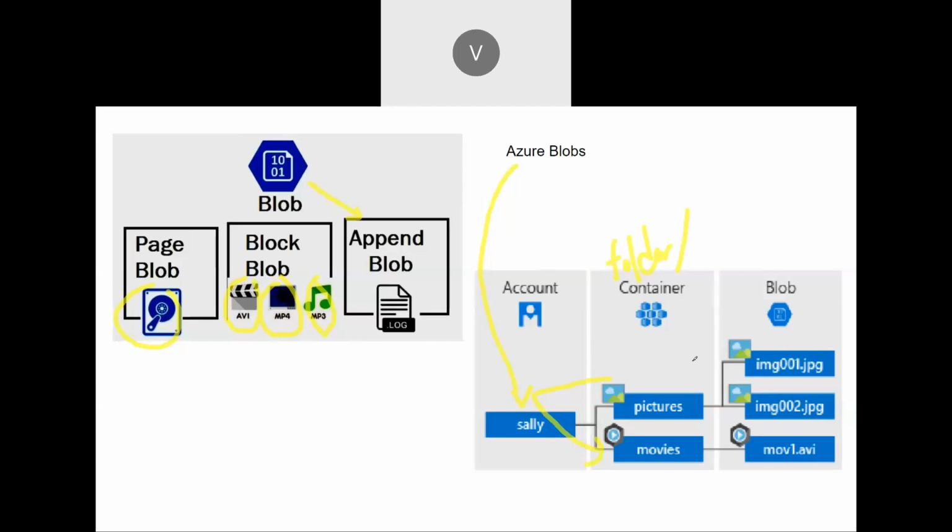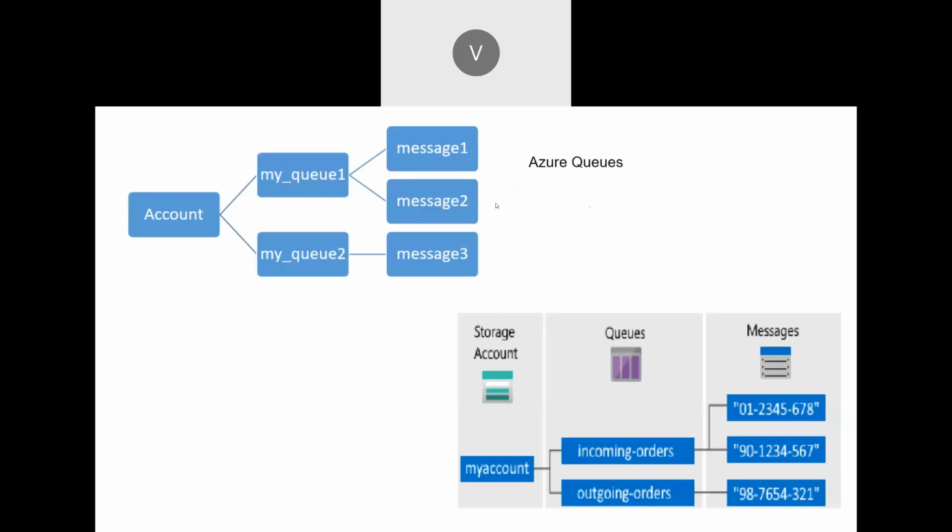Now, along with this, when you get into the next one, you have queues. So in queues, you can create multiple queues, and each queue can have a different set of messages.